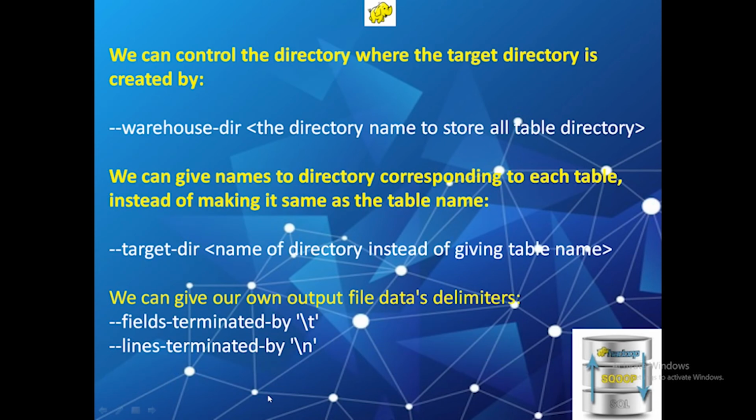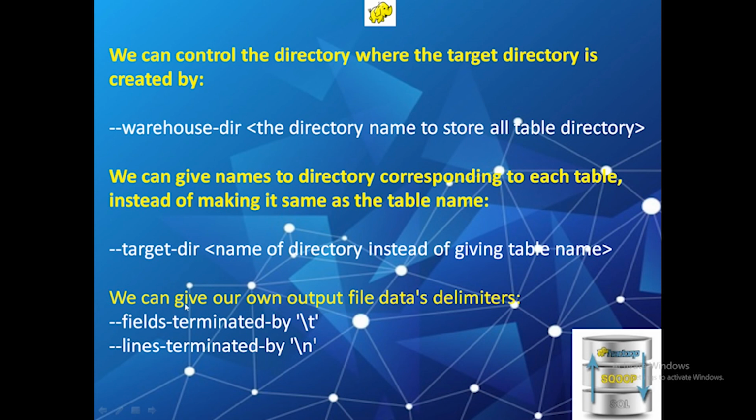We can also control the directory where the target directory is created by --warehouse-dir. In that you can store all the table directories. We can give names to the directory corresponding to each table, and you can specify the target directory using --target-dir.